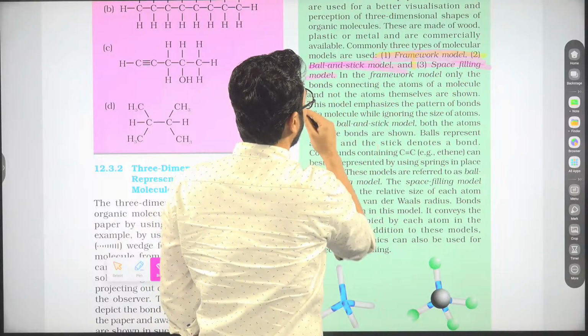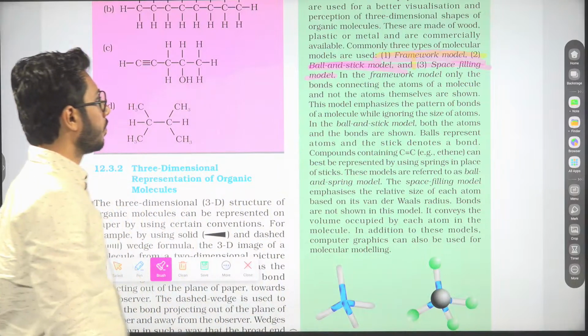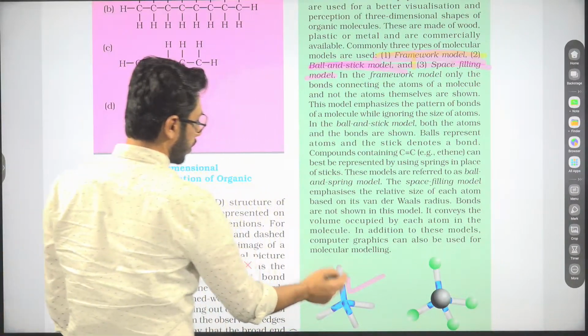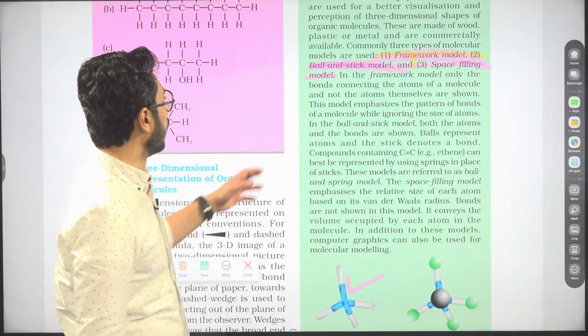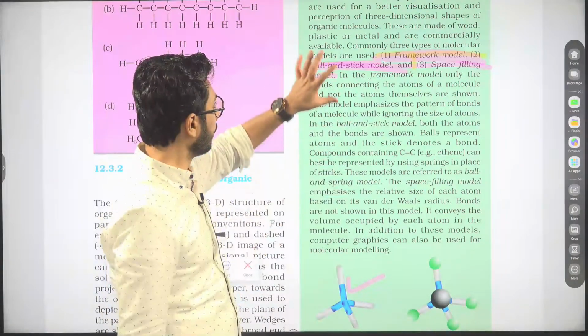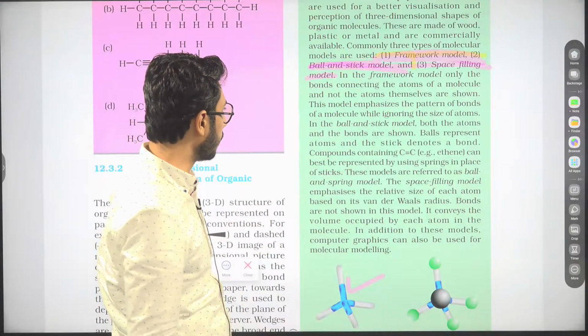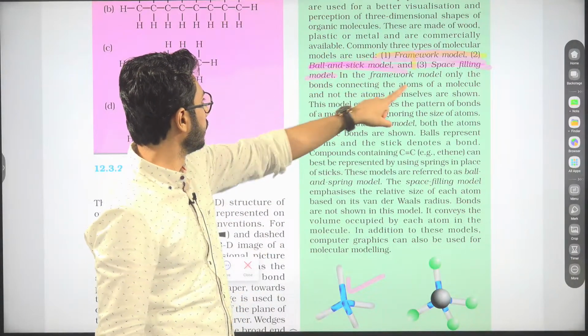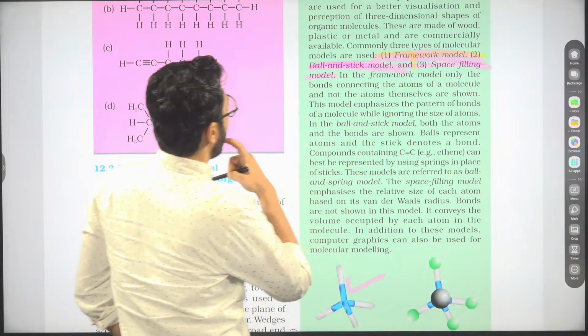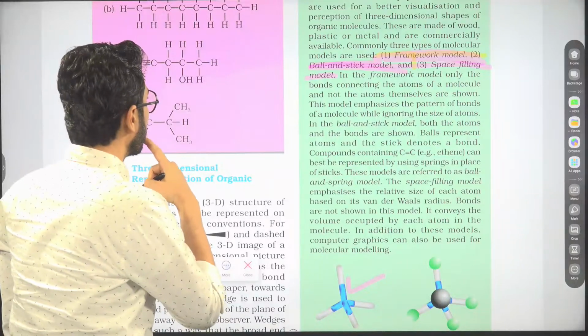Now, in the framework model, only the bonds connecting the atoms are shown, like this one. And atoms are not shown here. Which model is it? Framework. The space filling model is the third one. The second one is the ball and stick model.